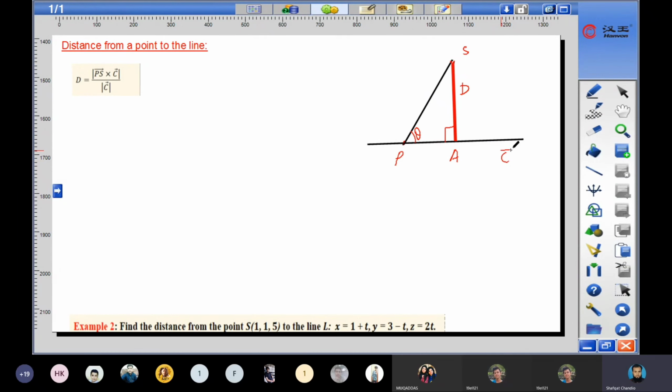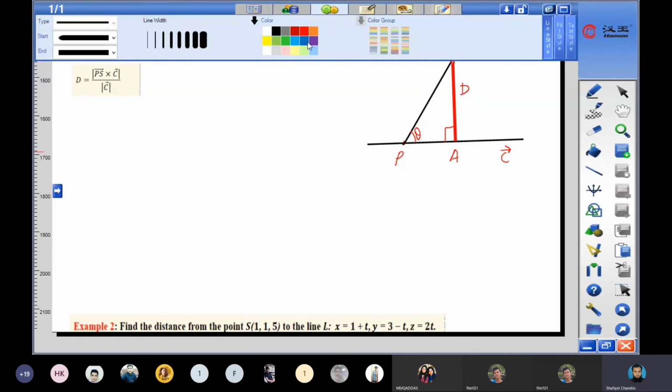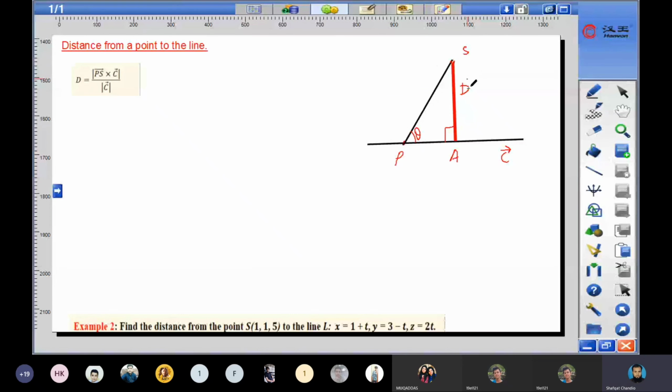We have also been given a vector C to which the line is parallel, or the vector which is acting along the line. So now if you use this formula, this side S is your perpendicular of the right angle triangle, this is your hypotenuse, and this is your base of this triangle.